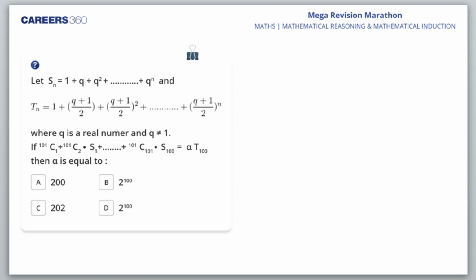So, what do we have now? We have q is a real number. And if 100C1, 101C2, S1, 101 like that, S100, it is alpha T100, then alpha is equal to. Again a calculative question. Go ahead, students.